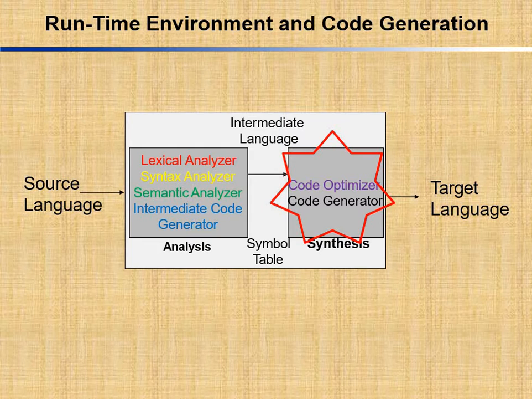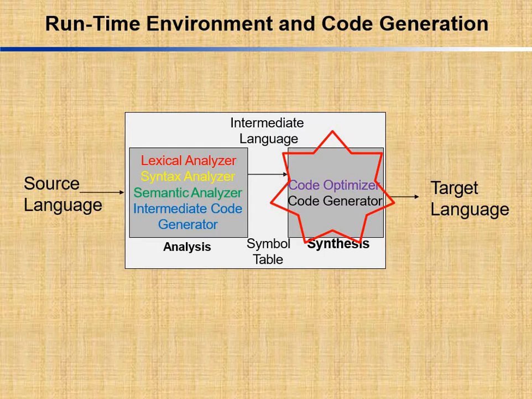Okay, so here you can see, we have already seen these: the analysis phase, like lexical analyzer, syntax analyzer, semantic analyzer, and intermediate code generator. All these come in the analysis phase, and these two come in the synthesis phase: code optimizer and code generator. The symbol table is attached to all the phases.